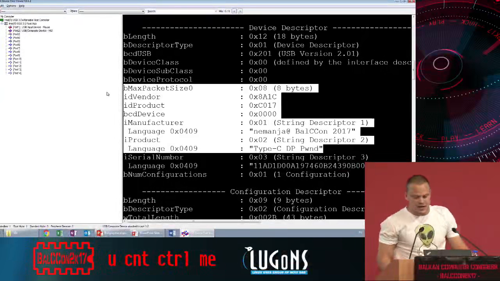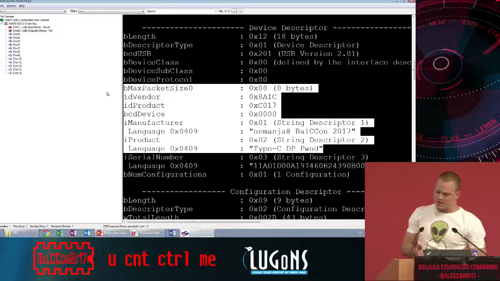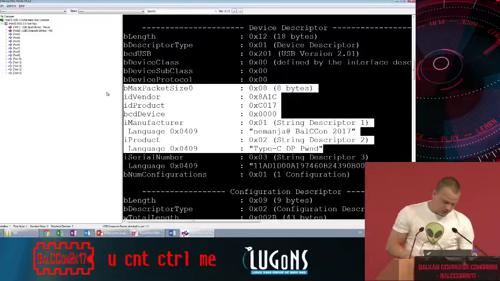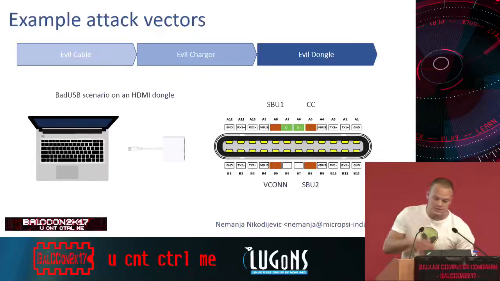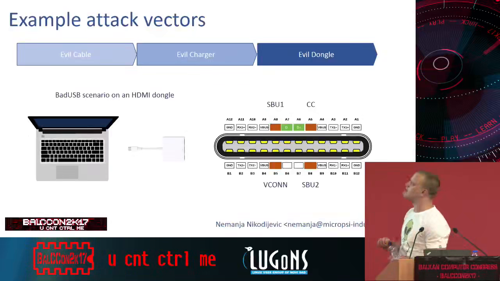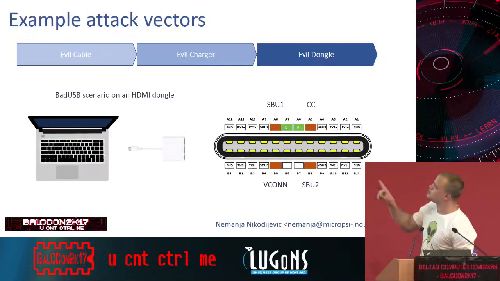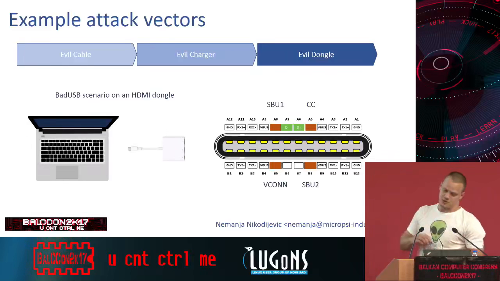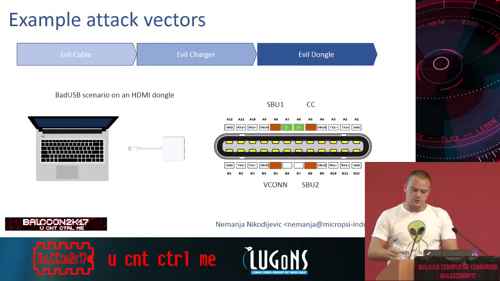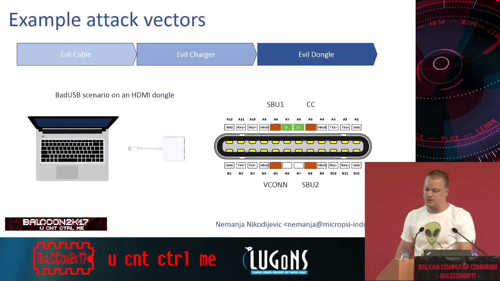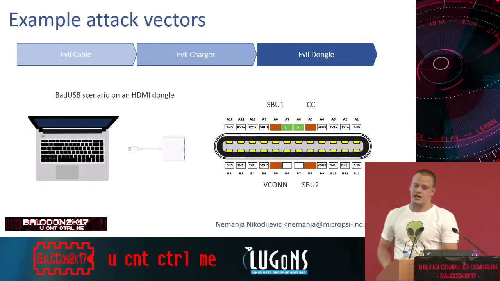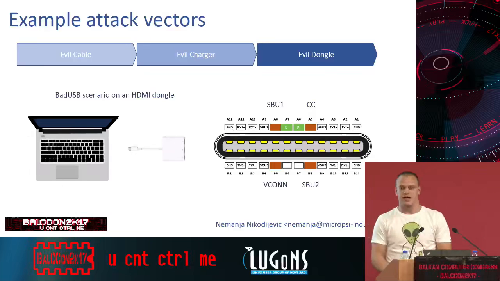But actually, I could basically, just by using these two lines, the green lines, gain control over these other four channels that are used for communicating with Type-C hosts. One of them being the CC lines, so I could just pretend to be a cable, pretend to be anything.